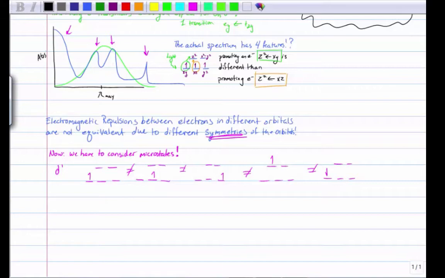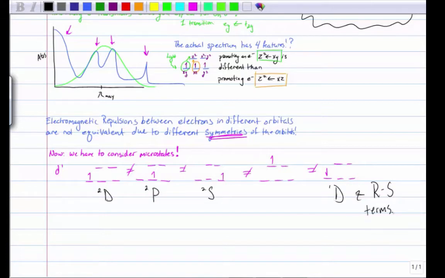I could assign this first one as a D2, or this is called a doublet D. I could assign the second one as a doublet P, and the third one as a doublet S. And then this one here would be a singlet D. These are Russell-Saunders terms. I'm going to define those in a second.